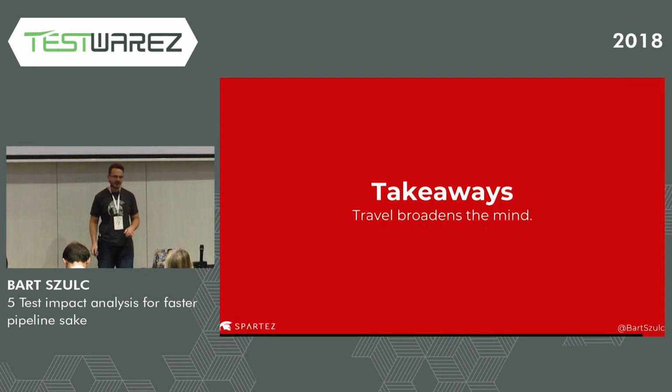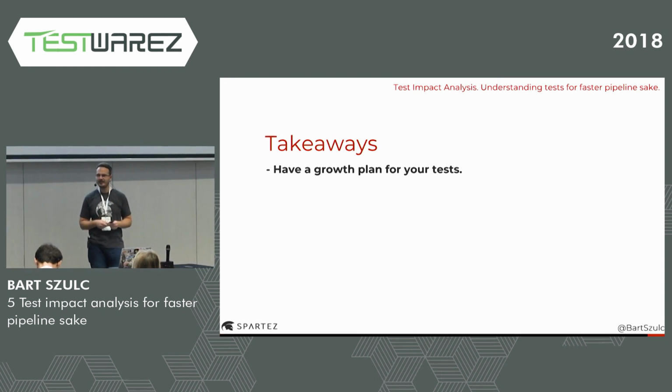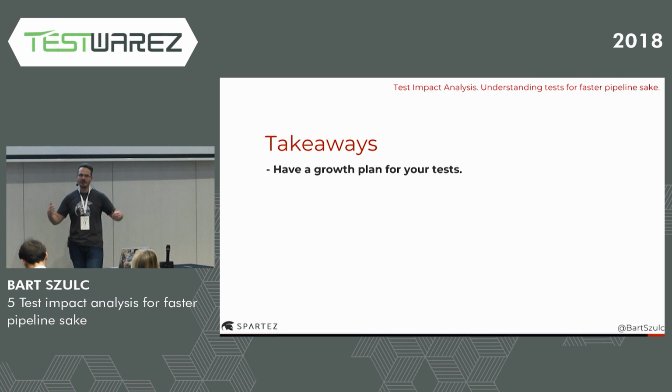Okay, the takeaways that I want you to take from this presentation. The first thing that wasn't quite obvious from that presentation is think about your growth plan for automated tests. Because the whole reason that we had to do that was that we didn't have a growth plan. We didn't anticipate those huge numbers of tests.